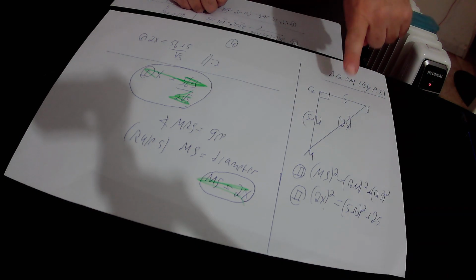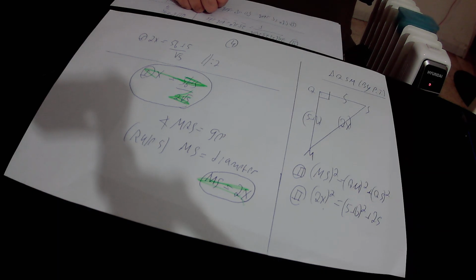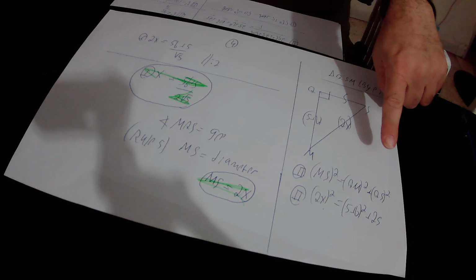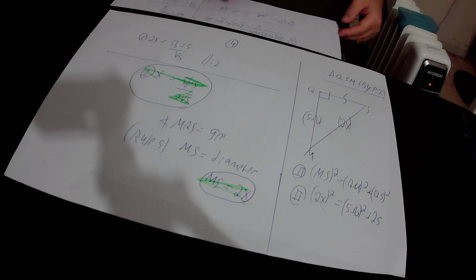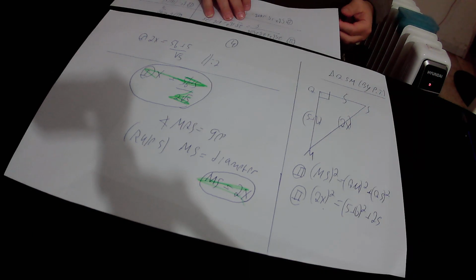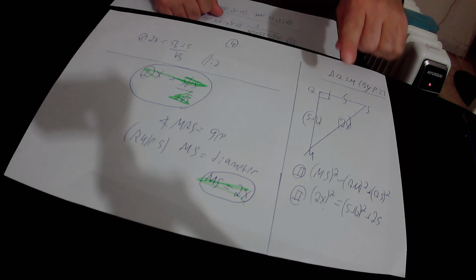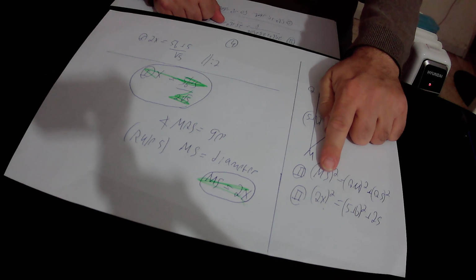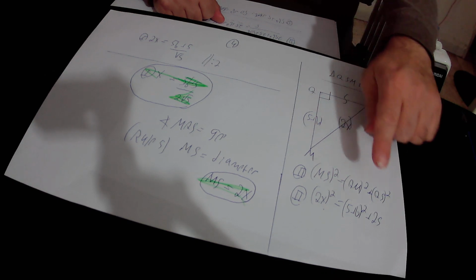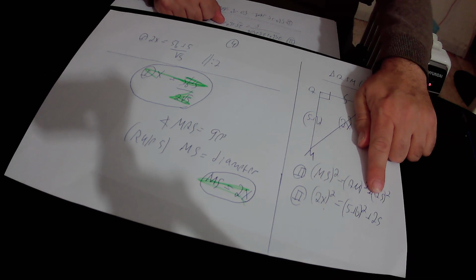QM is 5 plus b, therefore QM squared is (5 plus b) squared. Here we open the brackets on both sides of this equation, equation number 2, and finally we found out that, according to equation number 2, (2x) squared equals (5 plus b) squared plus 25.